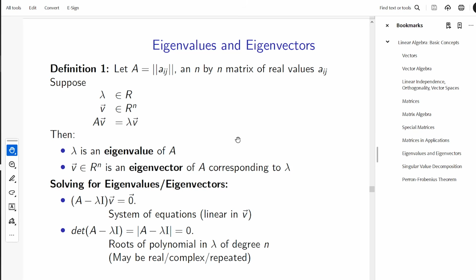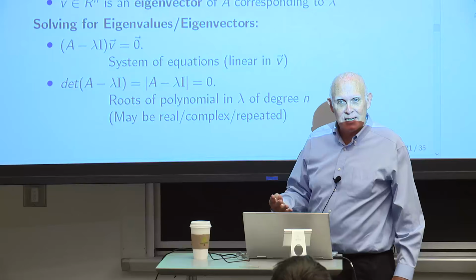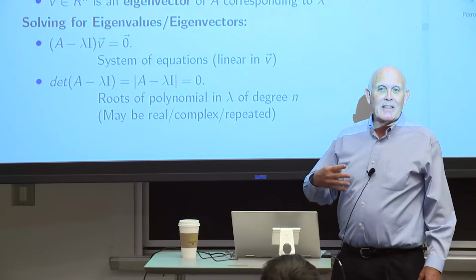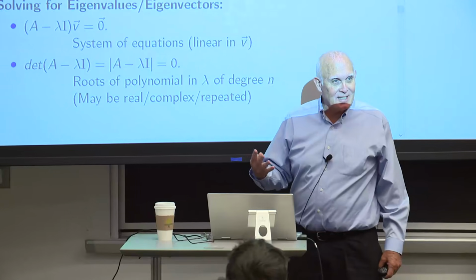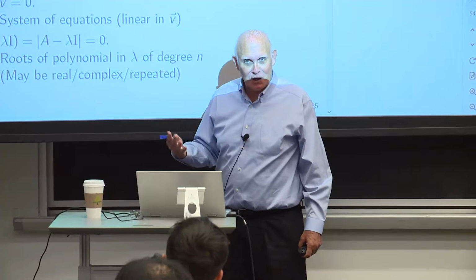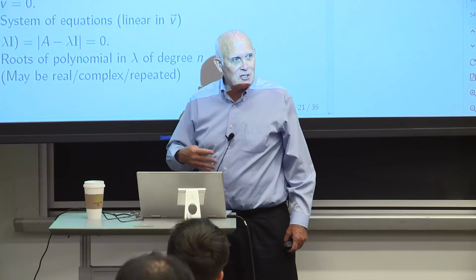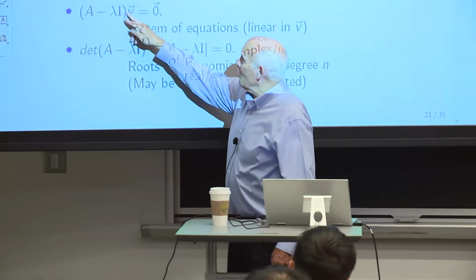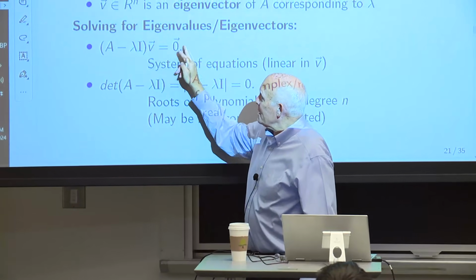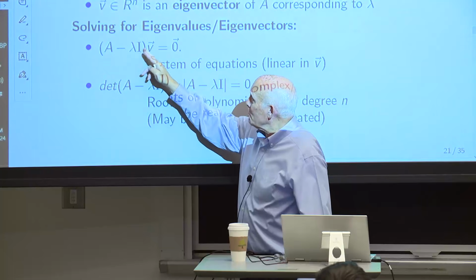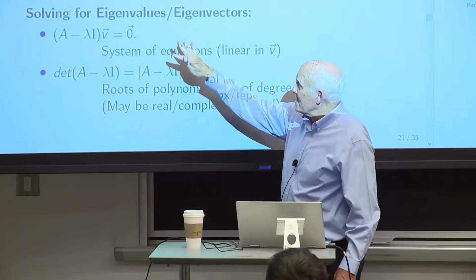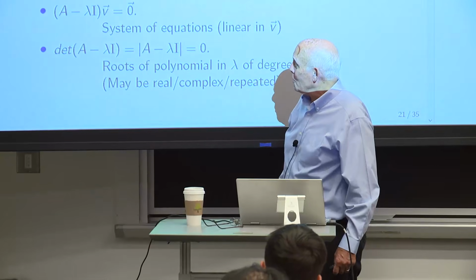If a matrix is invertible, then the determinant of the matrix is non-zero, and the inverse is actually a function of different determinant cofactors. So in order for V to not be 0, which would be the case if this matrix were invertible, we must have lambda satisfying this equation.